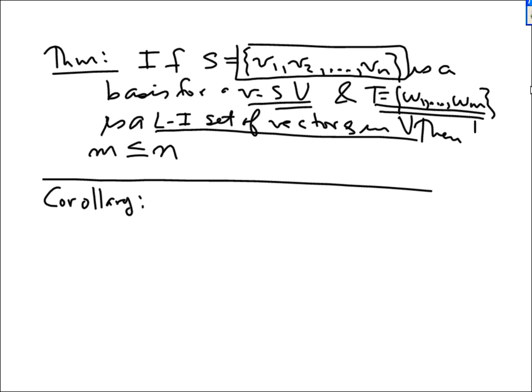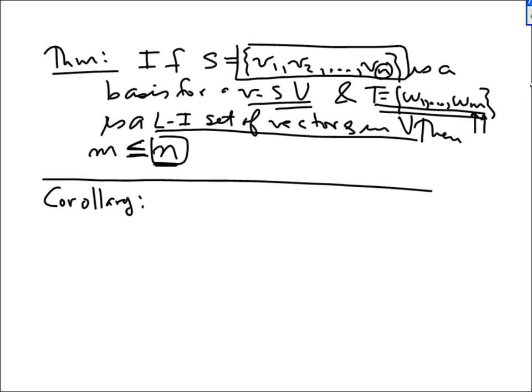Then the number of vectors in the linearly independent set must be no more than the number of vectors in the basis. The number of vectors in the basis is the cap. Linearly independent sets must have a number of vectors either equal to the dimension of the vector space or less.